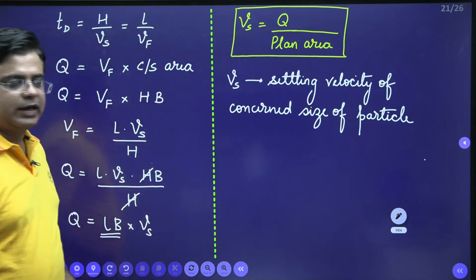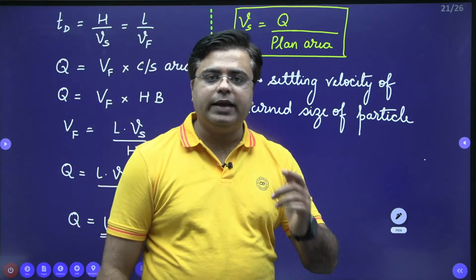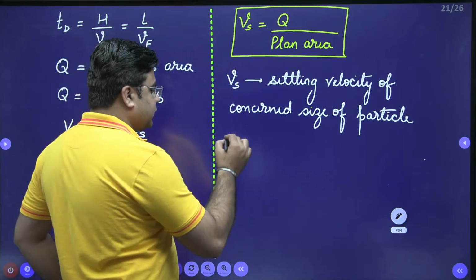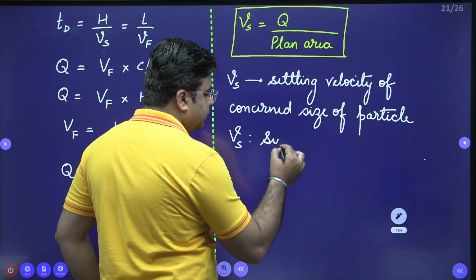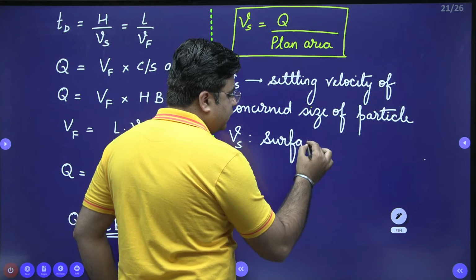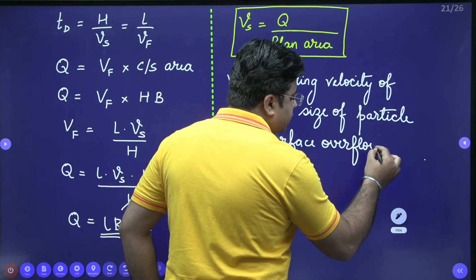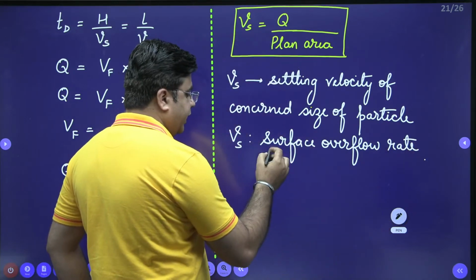This Vs is known as surface overflow rate.